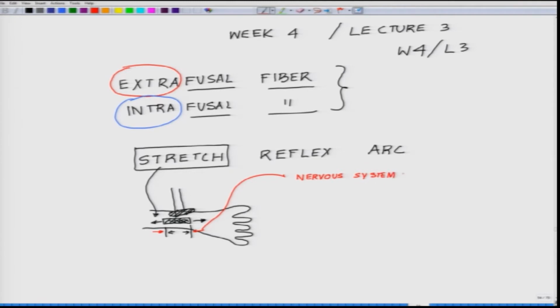And when we open up this problem, we open it up at different levels. The first level is that we are now entering the domain at the interface of nerve and muscle: the stretch reflex arc, which is a reflex circuit, one of the most primitive circuits.